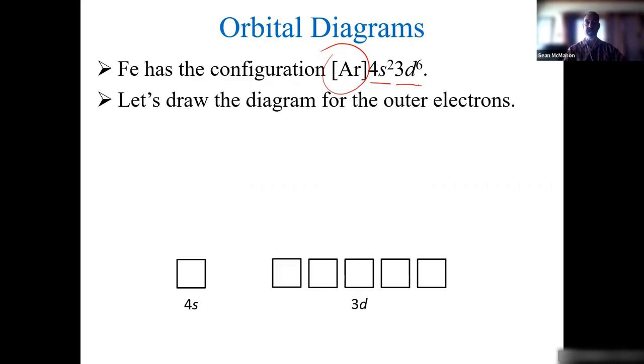So how are we going to do that? 4s, one box. Why? On your periodic table, the s block has only two positions. Two electrons can go on that s sublevel. Each orbital has two electrons, so if there's only two electrons in the sublevel, there's one orbital.